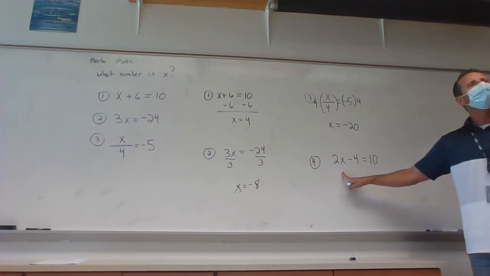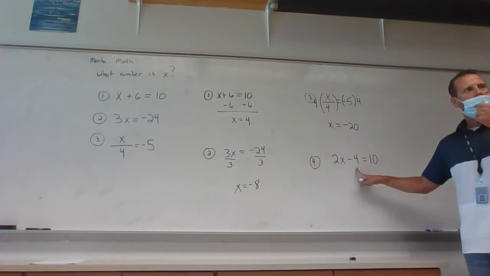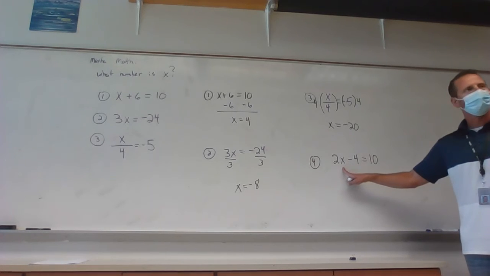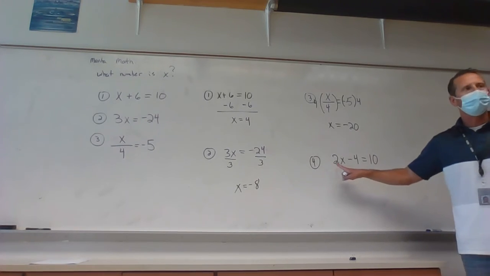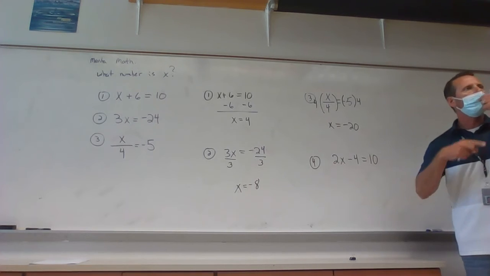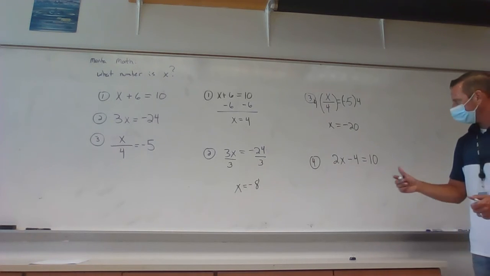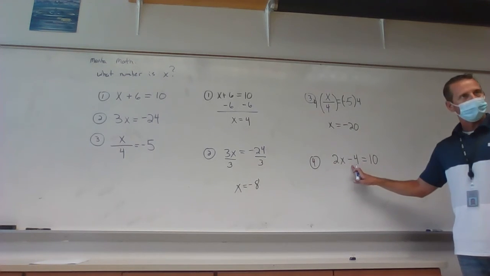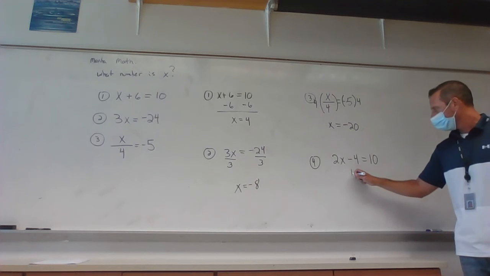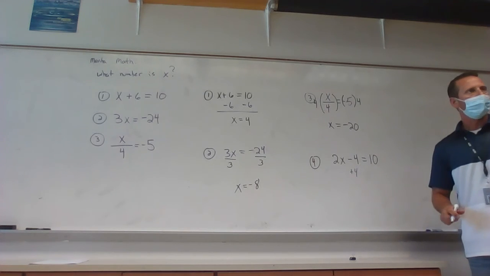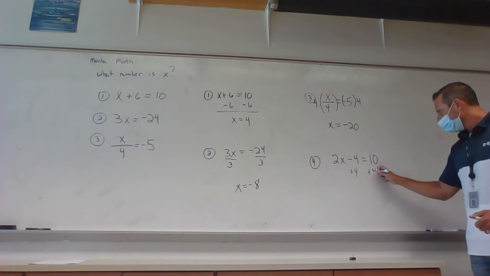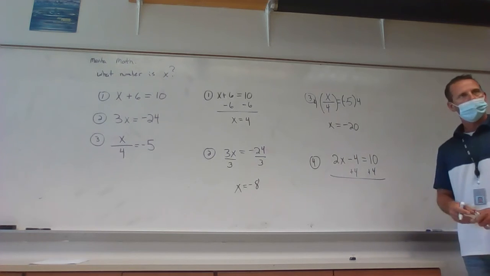Or we can undo the operations. We're subtracting 4 from X. We're also multiplying it by 2. So we're going to undo those two operations. The first one is subtracting 4. To undo that, I'm going to add 4. Whatever I do to one side, I'm going to do to the other side.